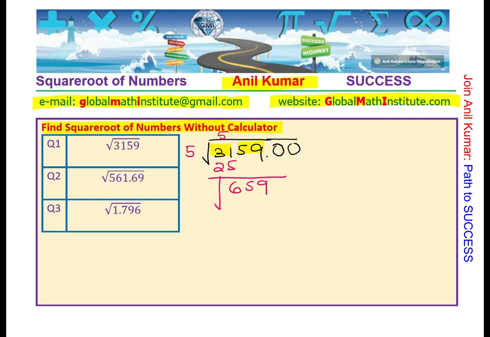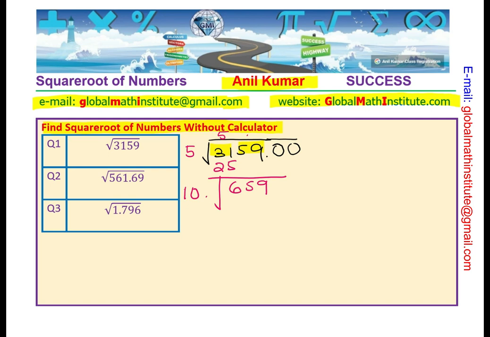The quotient here is 5, we multiply that by 2, so we get 10. Now we are looking for another number, and the same number should be placed in both places. Since 10 is there, the maximum I can go with is 6.